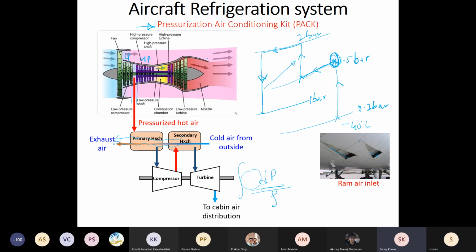You cool it, then compress it, then again cool it, and then expand it. And the expansion work is fed into the compression work. So this compressor is being driven by this particular turbine. So it may not look exactly like a single stage reverse Brayton cycle, but the processes are taken from the reverse Brayton cycle.